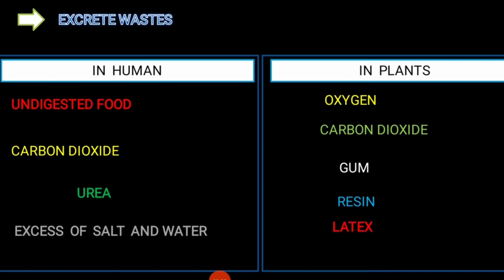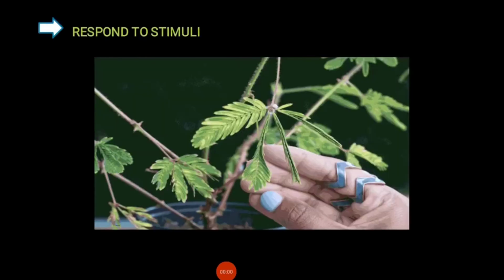Plants excrete oxygen during daytime and carbon dioxide at night through stomata. Now, the plants also have three types of excretory products as gum, resin, and latex.